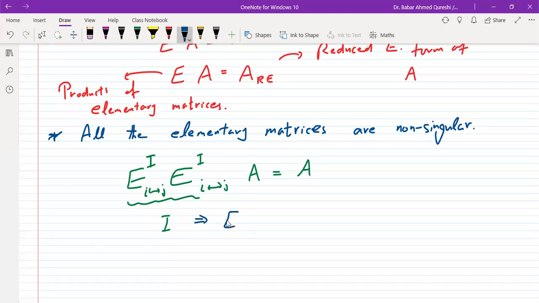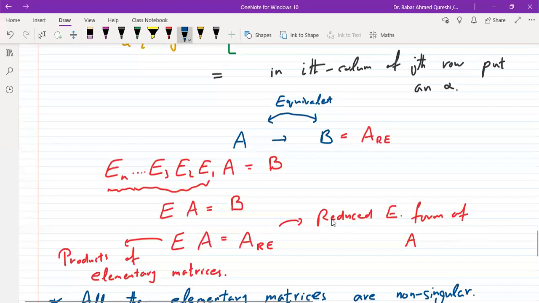That means these elementary matrices of type 1 are inverses of themselves. Take any elementary matrix, it's an inverse of itself.